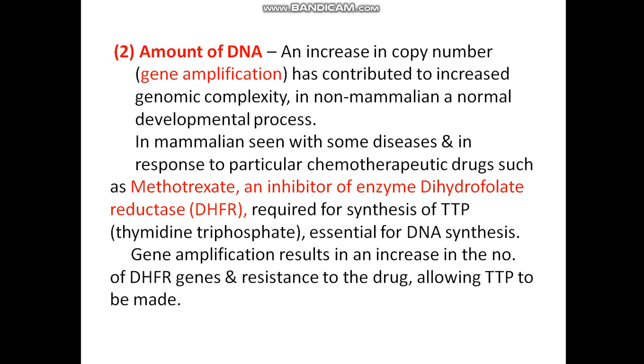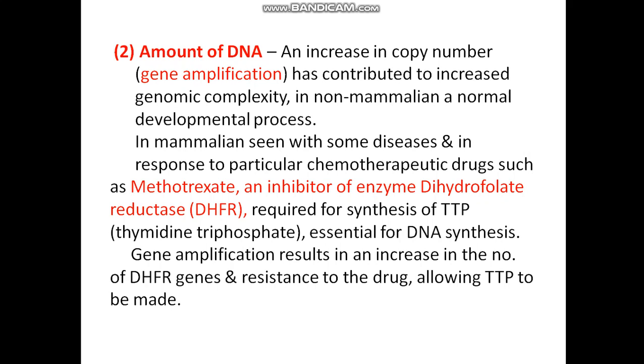An increase in the number of copies of DNA is known as gene amplification. It takes place normally in non-mammalian cells, but in mammals it is seen with some diseases and in response to particular chemotherapeutic drugs.